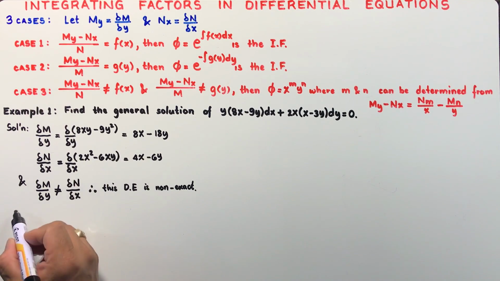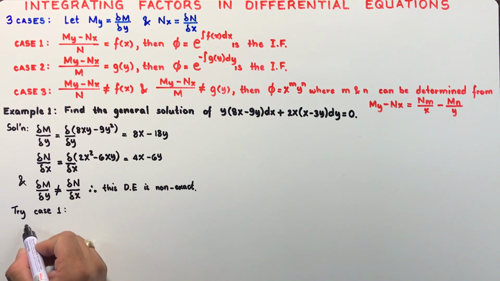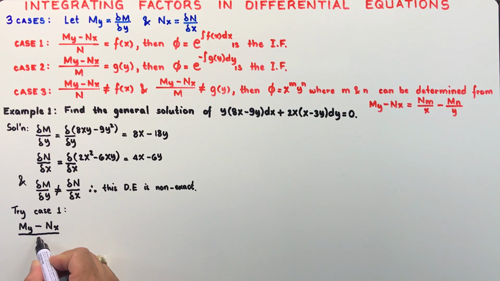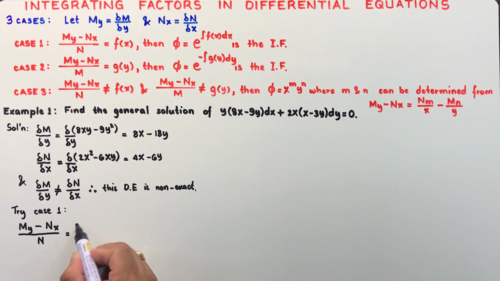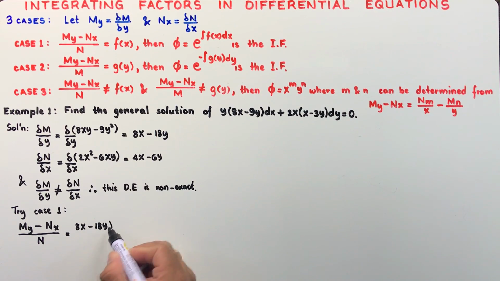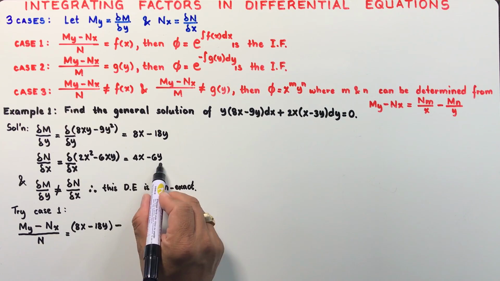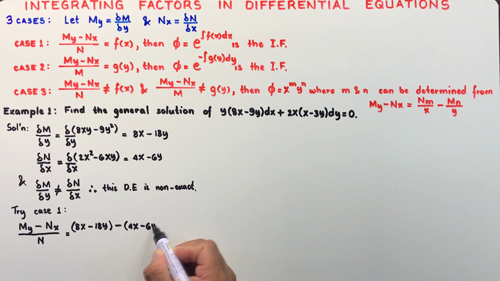So let's try case 1, wherein we need to find the partial derivative of M with respect to y minus the partial derivative of N with respect to x, divided by N. Substituting the values, we have the partial derivative of M with respect to y, which is 8x minus 18y, and we need to subtract the partial derivative of N with respect to x, which is 4x minus 6y.